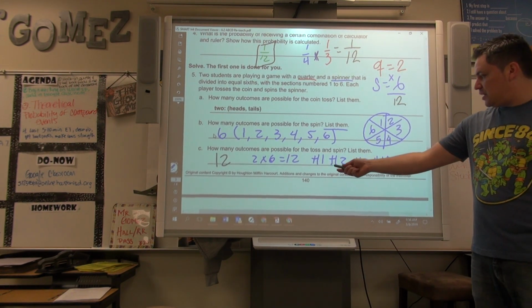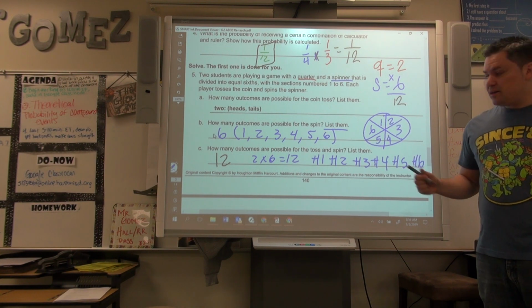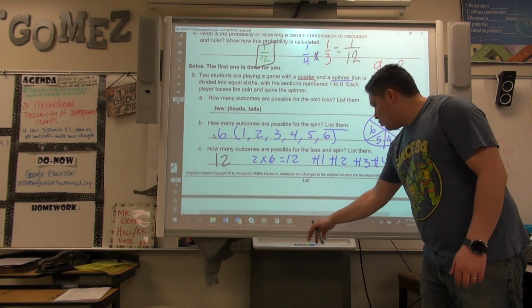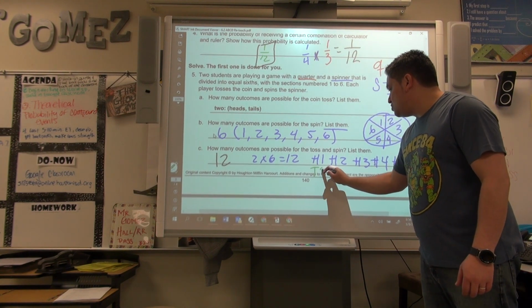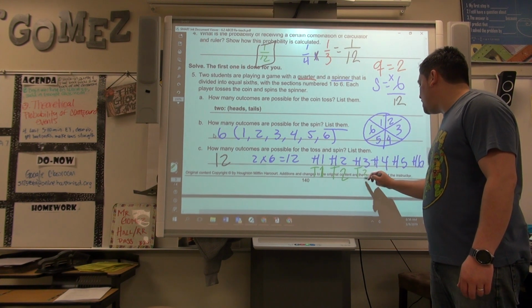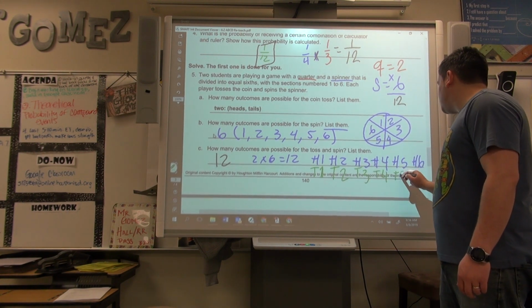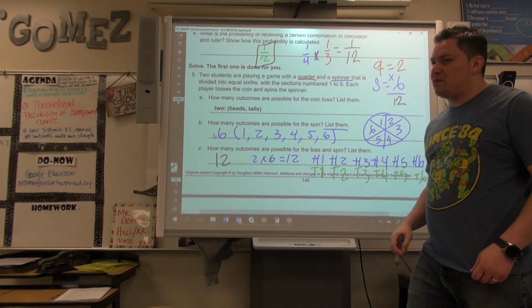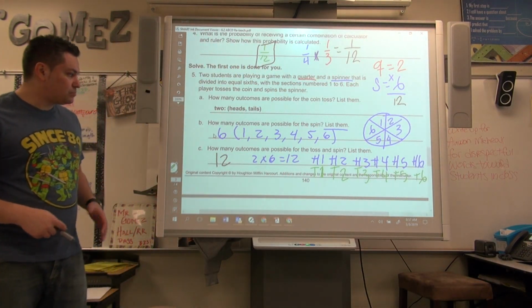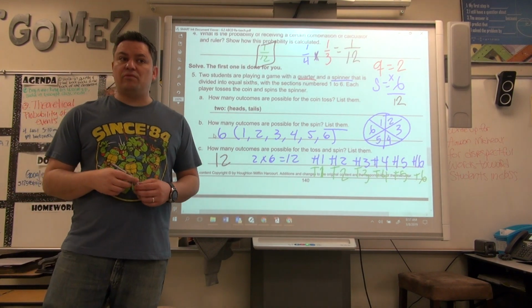You see where I'm getting the heads and the numbers from? Yep. The numbers are from the spinner and heads for the quarter. Now we have tails 1, tails 2, tails 3, tails 4, tails 5, and tails 6. Those are my total possible outcomes or combinations that I can get. Any questions on finding this?